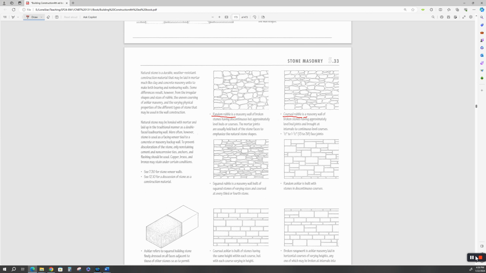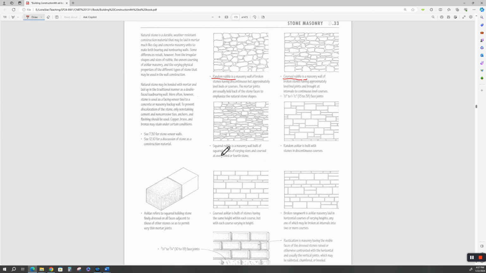Well, because if you're going to spend all this money on an earthy looking stone structure, then you're going to want it that way. Now, squared rubble is a masonry wall built of squared stones of varying sizes and courses at every third or fourth stone. Okay, now squared rubble means that the stones are mostly flat, square like flagstones or something like that.